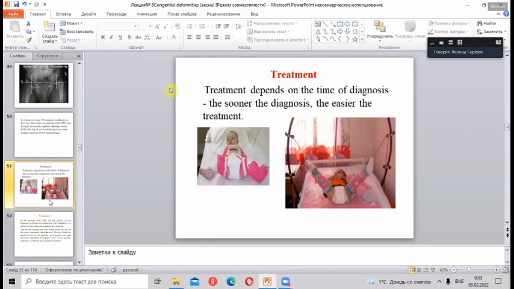Treatment. Treatment depends on the time of diagnosis. The sooner the diagnosis, the easier the treatment.